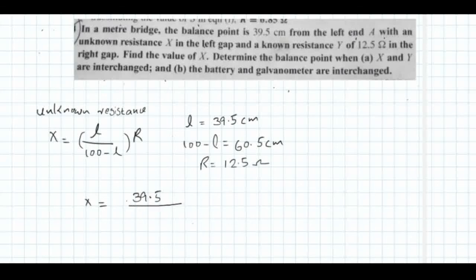That is 39.5 divided by 60.5 into 12.5 ohm, and that is equal to 8.16 ohm. So 8.16 ohm is the answer.